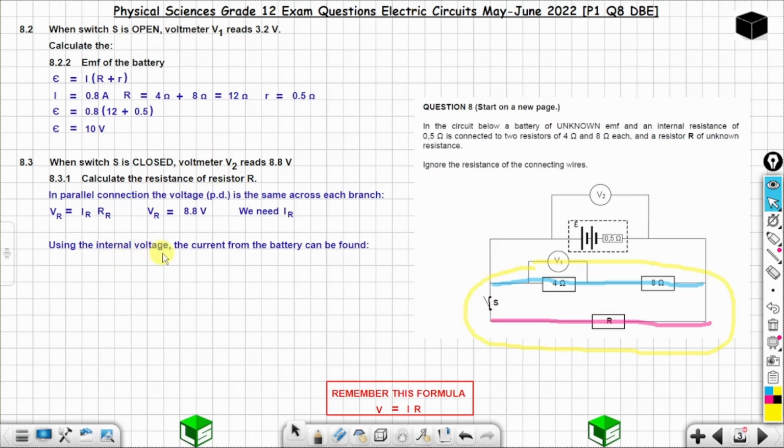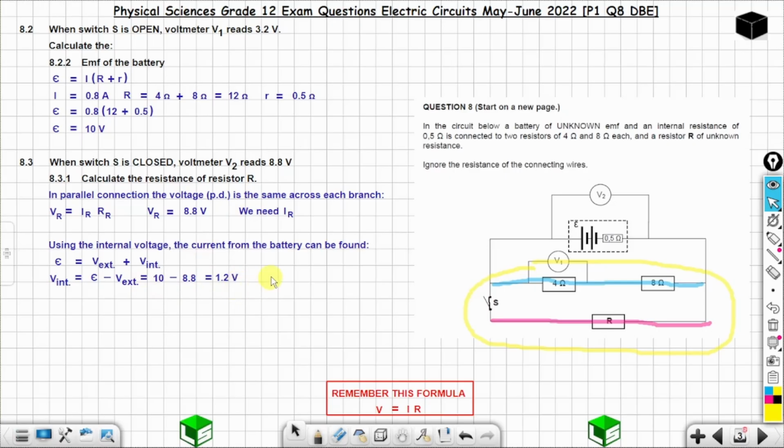Using the internal voltage, the current from the battery can be found, and then we are going to calculate the current through this branch. We know the EMF is equal to external voltage plus internal voltage. So the internal voltage is EMF minus external voltage, which gives 1.2 volts.